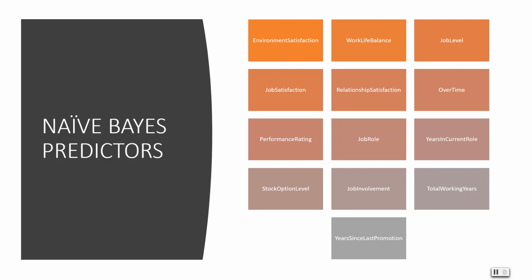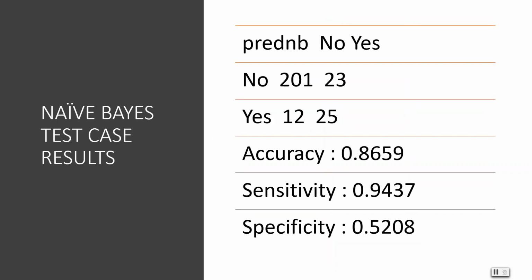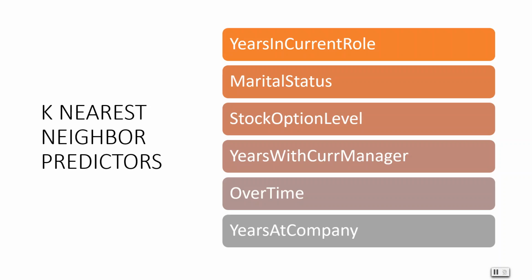The majority of those predictors were work-related versus personal. With that model, I was able to achieve an accuracy of 86 with a sensitivity of 94 and a specificity of 0.52. You'll notice that it successfully identified 25 of 37 members that did leave, which I found to be extremely useful later on in my analysis.